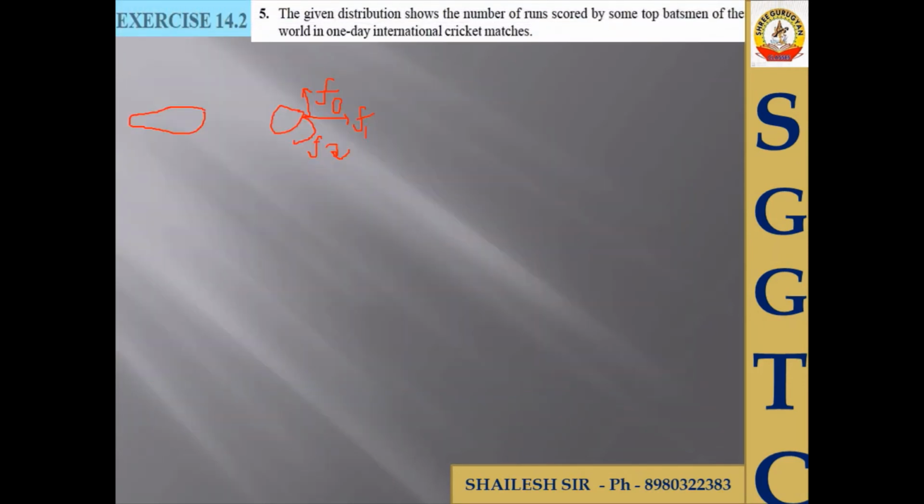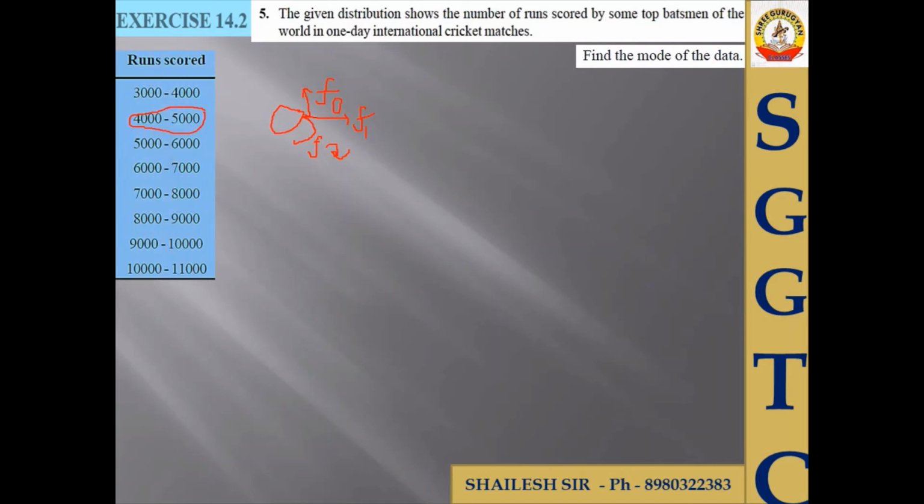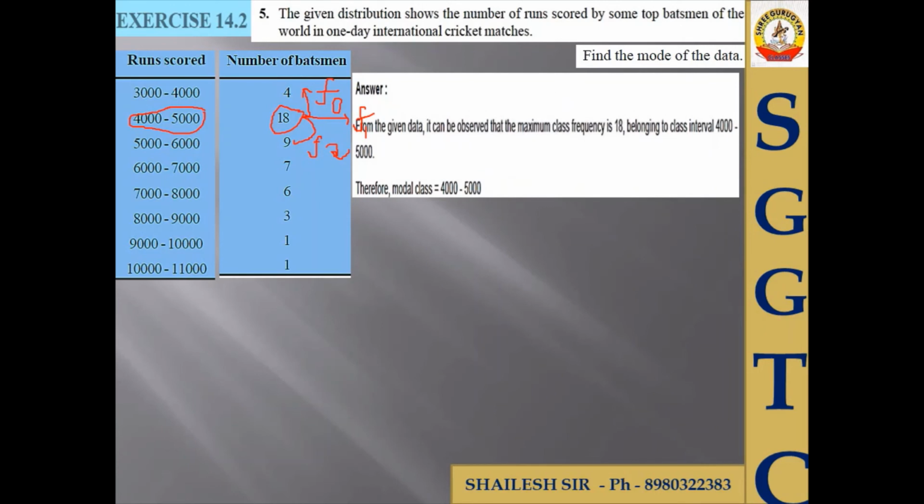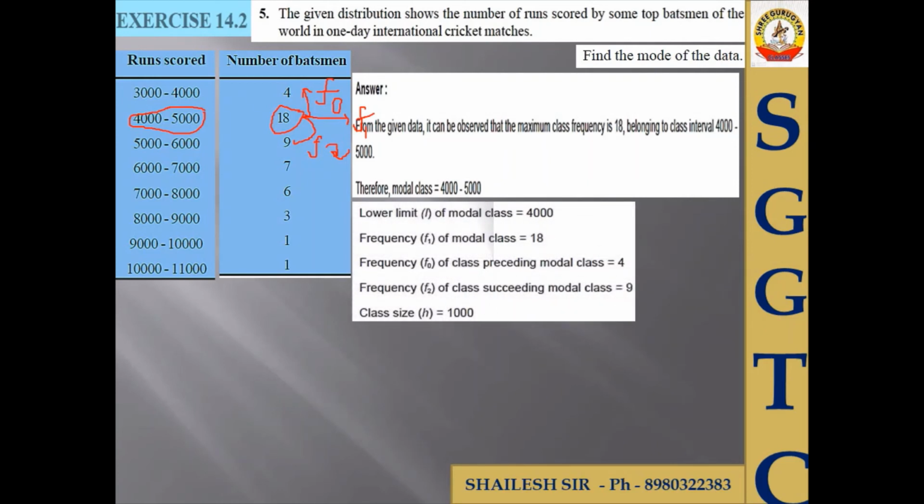Now 14.2 continue, fifth one. Find the mode of the data. The run score is given and the number of batsmen. So check, students, what is the highest frequency in the given class? Yes, it is 18. So that's your modal class, ready: 4000 to 5000. This is your f1, f0, and this is your f2.